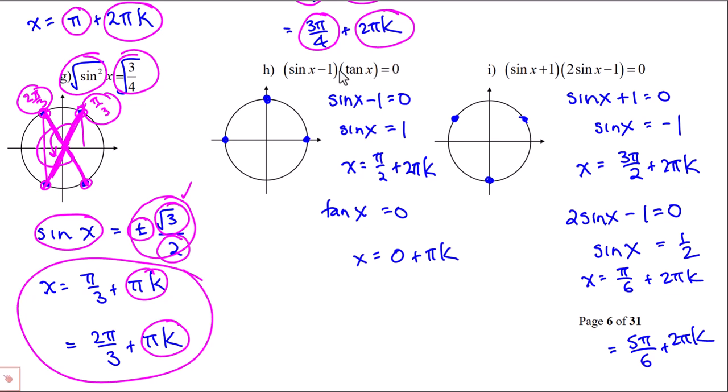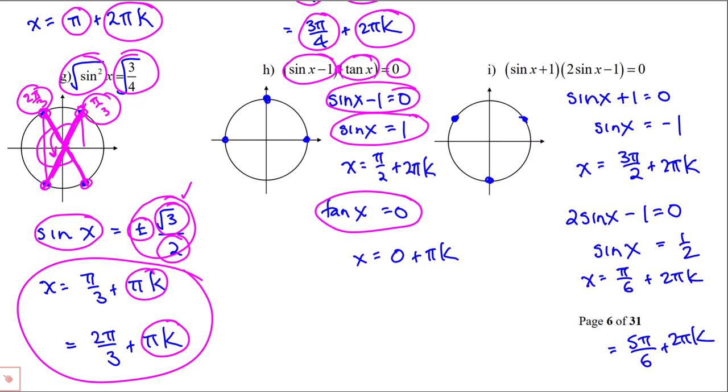If I am multiplying and I'm getting 0, this could be 0, get the sine by itself, or this could be 0. And when is sine 1? Well, sine is 1 when y is 1. So on the unit circle, that's pi over 2, and then round and round and round, plus 2 pi k. When is tangent 0?